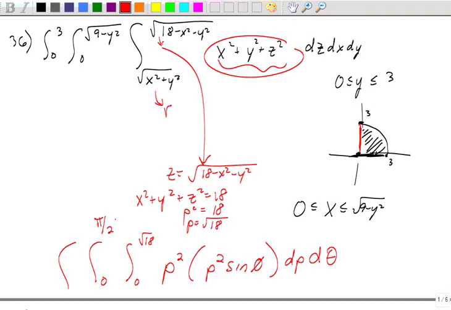And phi comes from here. I have x squared plus y squared is less than or equal to 9, but that's less than or equal to 18.